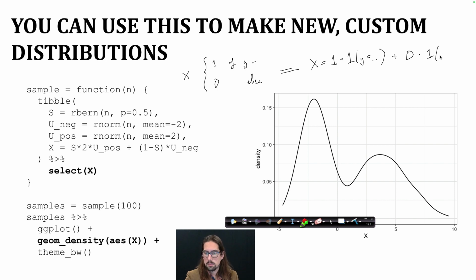Or y, some indicator where y equals some other stuff. So you can write it as the sum of two terms, where each of those two terms is like the value that x takes if this thing happens, plus the value that x takes if this other thing happens, because in any case, either this thing is going to disappear or this is going to disappear, and you're just going to be left with just this value, or just this value, depending on which case you get.